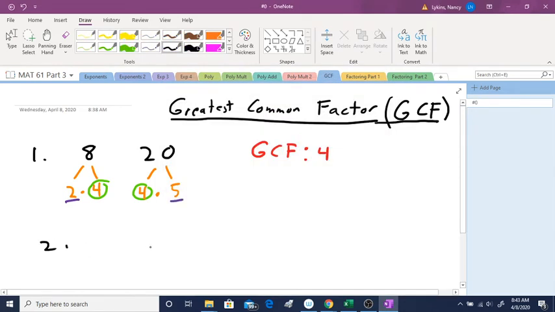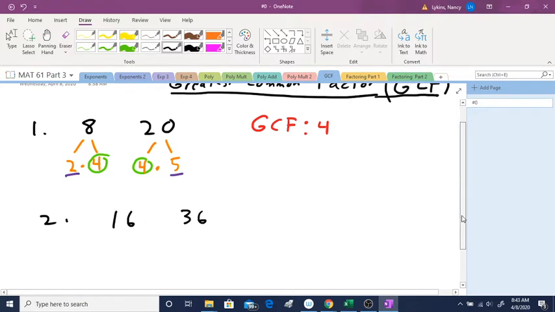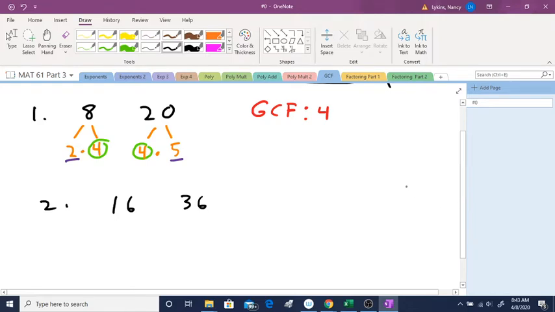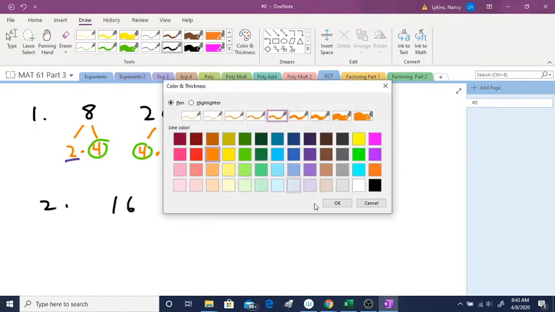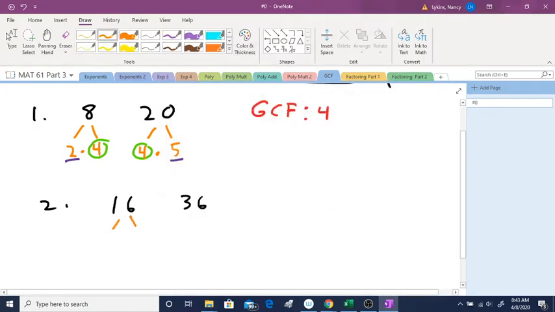Let's try a different one. Let's try 16 and 36. Now, 16 is a perfect square. We can break it down to 4 times 4. 36, now, I'm going to use 4 because 4 can go into 36 9 times.